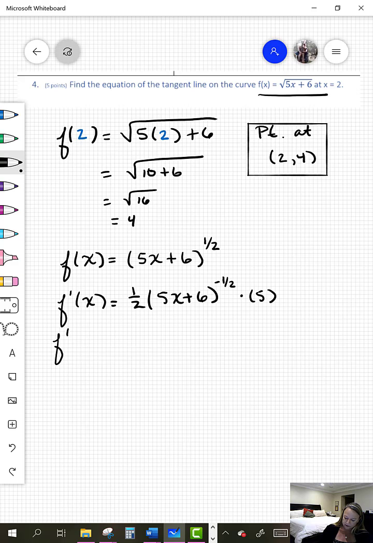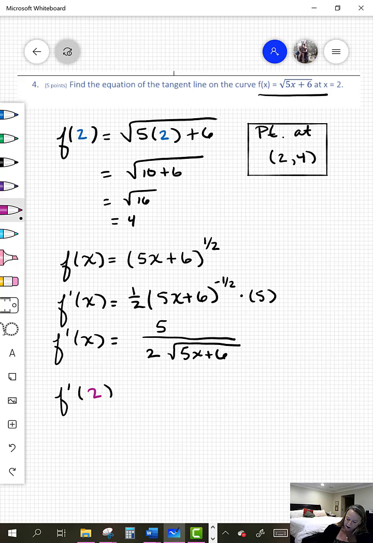So we find that the derivative is equal to, we have 5 left in the numerator, all over 2. Let's bring this down to the denominator to make that exponent positive, and we can rewrite it as a radical. So the square root of 5x plus 6 down there in the denominator also. And so now we want to figure out what that slope is at x equals 2. And so we're going to go in there, and wherever we see an x, we're going to replace it with 2. And so we have 5 all over 2, square root of 5.